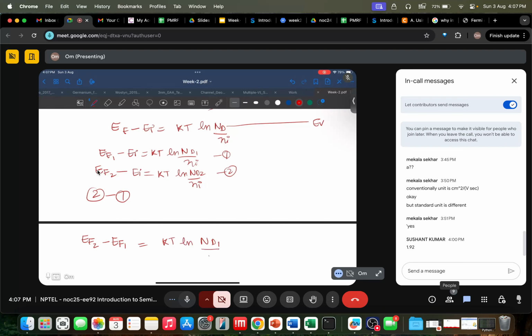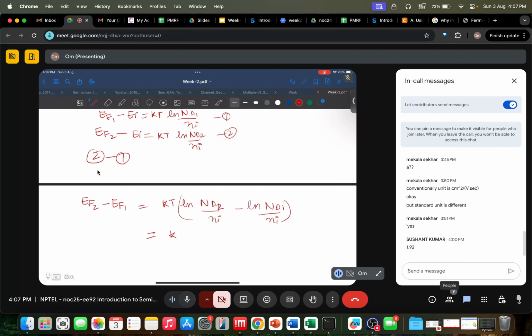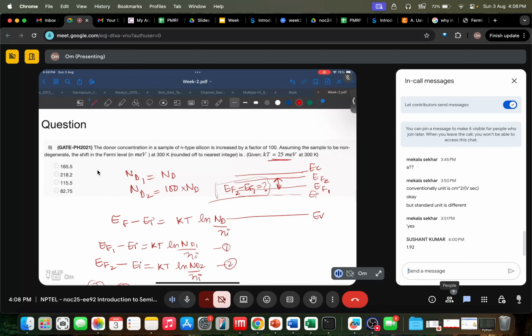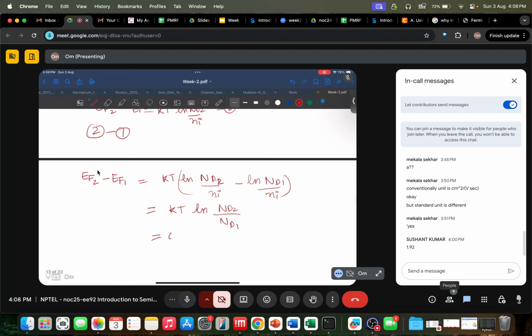Which is KT ln ND2 by ND1. KT is given as 0.025, and ln ND2 by ND1 is ln 100.